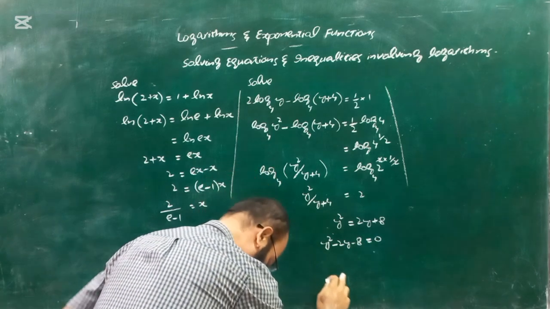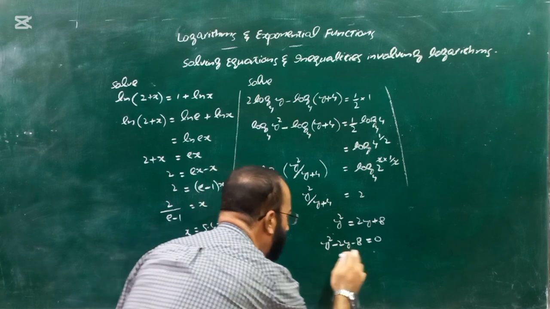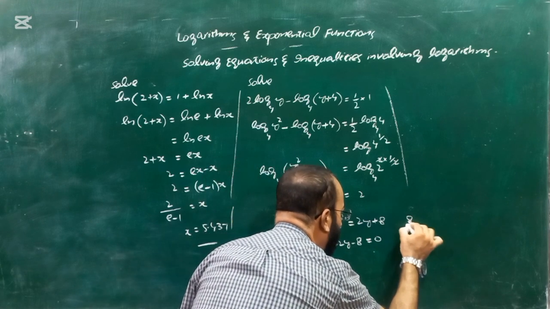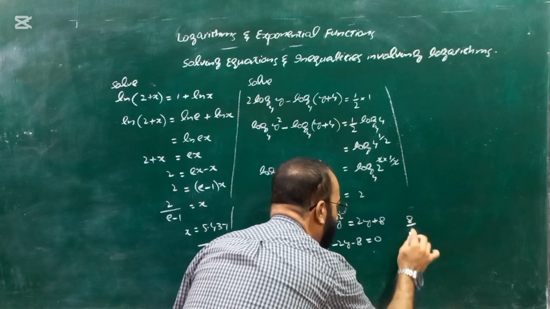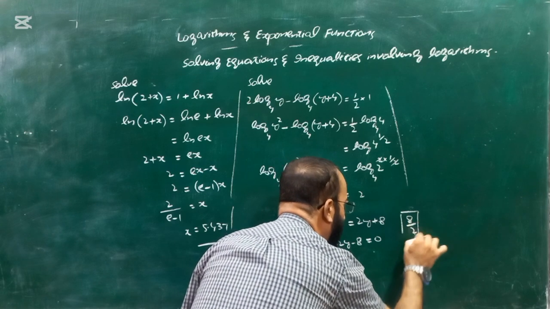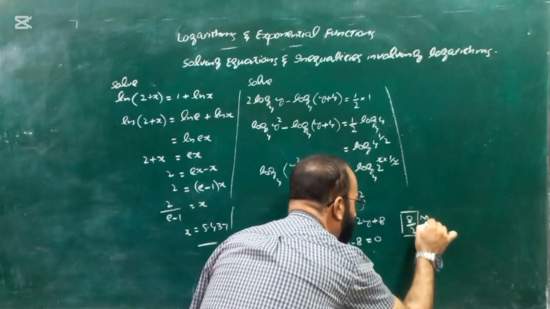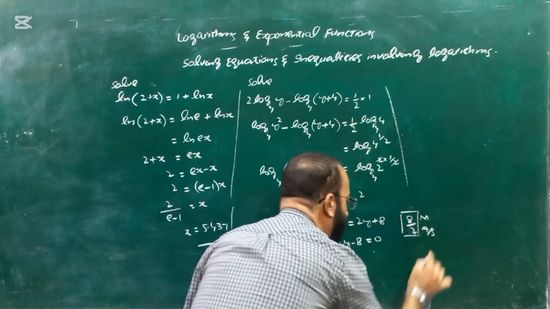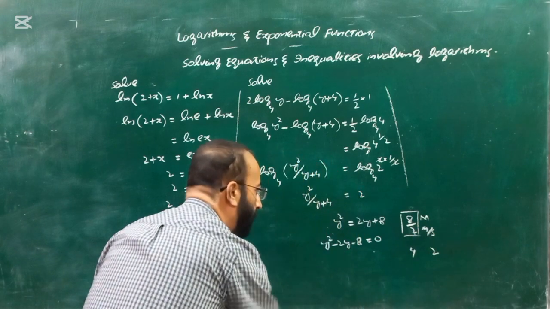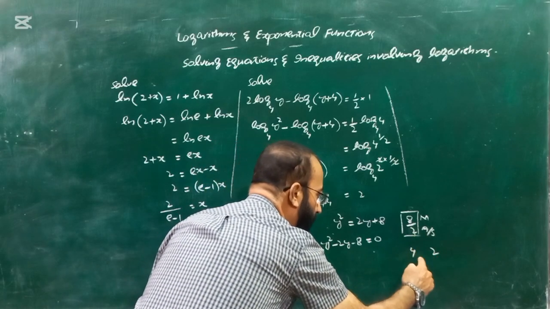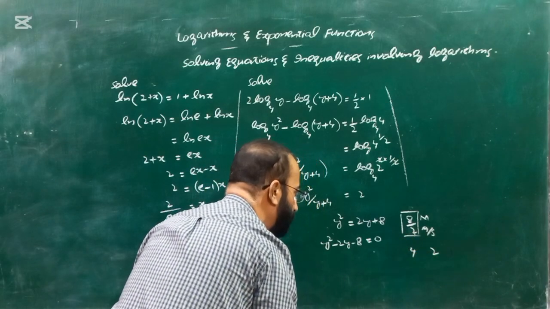Multiply the coefficient of the first one with the last one, so 8, and the value of the single variable is 2. So now think of a pair of numbers whose multiplication is equal to this one, and addition or subtraction is equal to this one. So 4 and 2, because 4 twos are 8, and 4 minus 2 will give us 2.